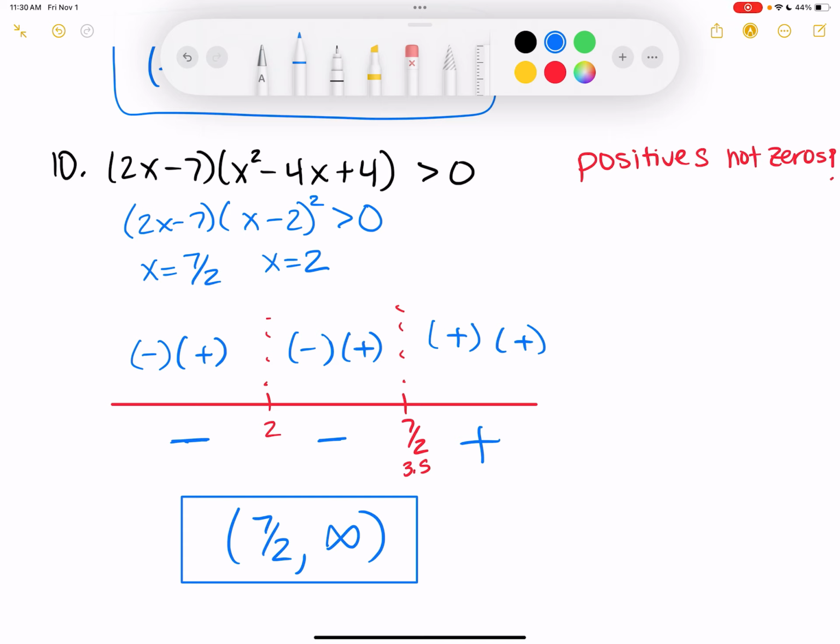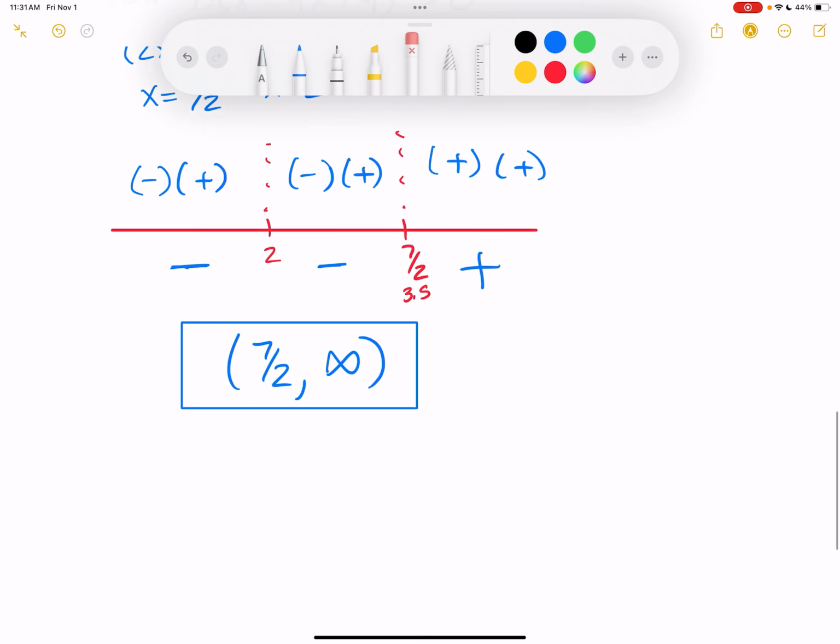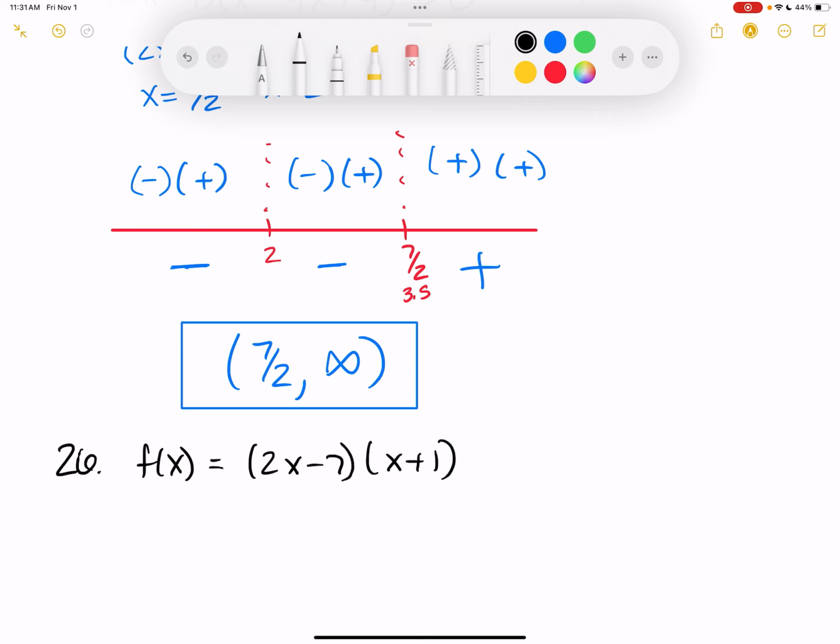All right, so same thing, except for now we're going to have rational equations. So I not only have to find zeros, but I also have to find where the function is undefined. Okay, so f of x equals (2x minus 7)(x plus 1) over x plus 5.